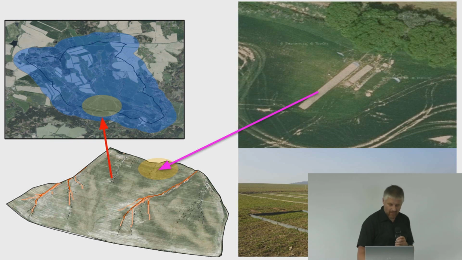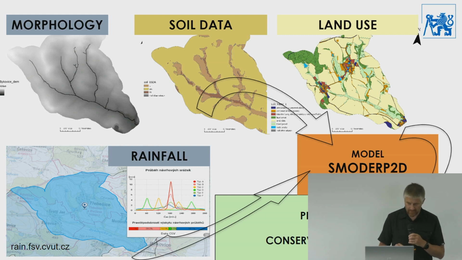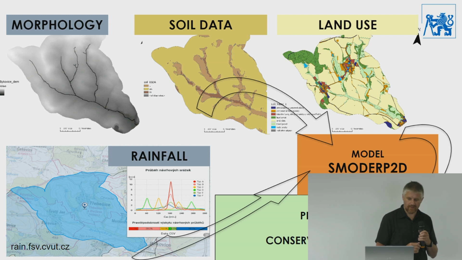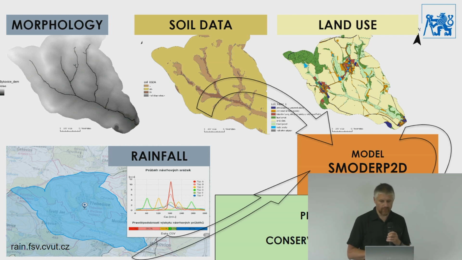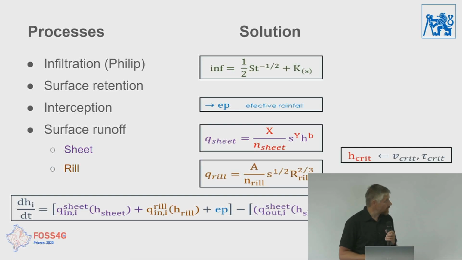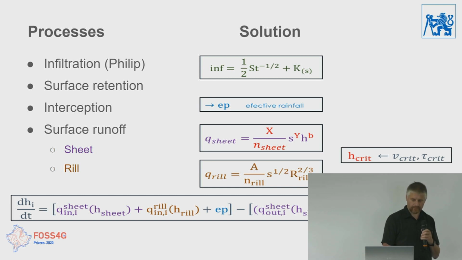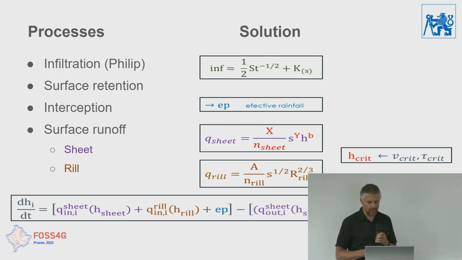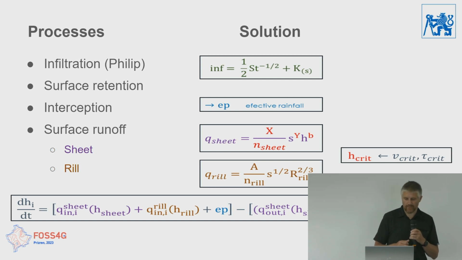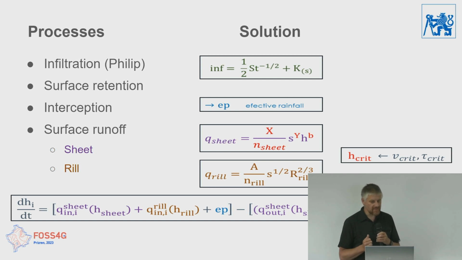For this we use the model SMODERP, and the model needs four types of input data, and with some equations and descriptions of the processes, we can calculate in the model the surface runoff, in two types, sheet and rill runoff.